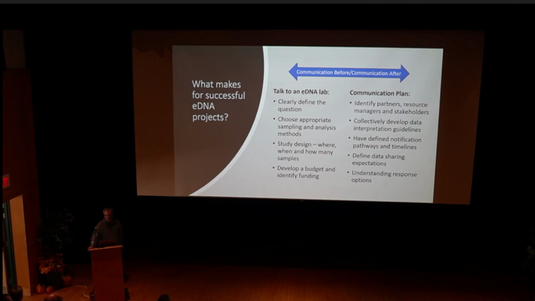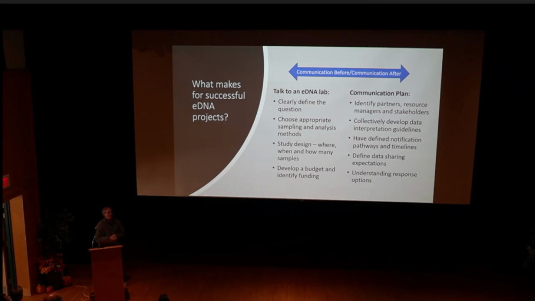Define notification pathways and timelines for that, so that you're all on the same page working towards a common goal. Data sharing expectations. Who gets the data? When do they get it? Who needs to be in that communication pathway? Especially with AIS pieces, it can become kind of controversial. The sequence of events of who gets notified.